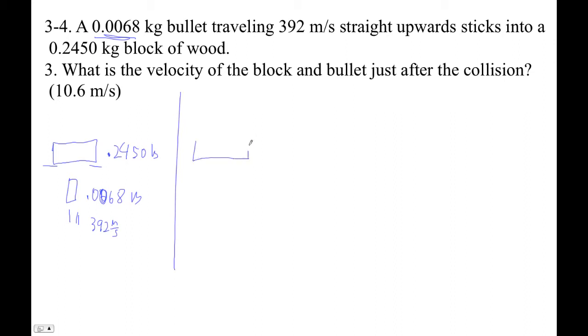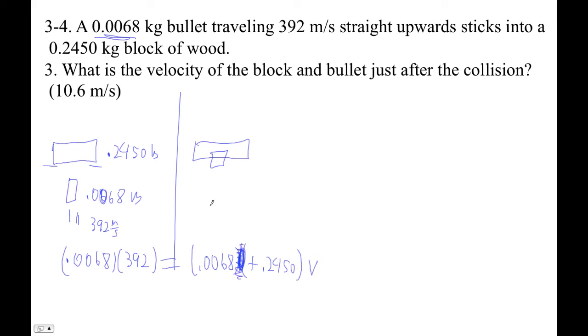So bullet and block will have a velocity of, let's figure this out, 0.0068 times 392 equals 0.0068 plus 0.2450. There we go. Ignore these parentheses there. Times V.